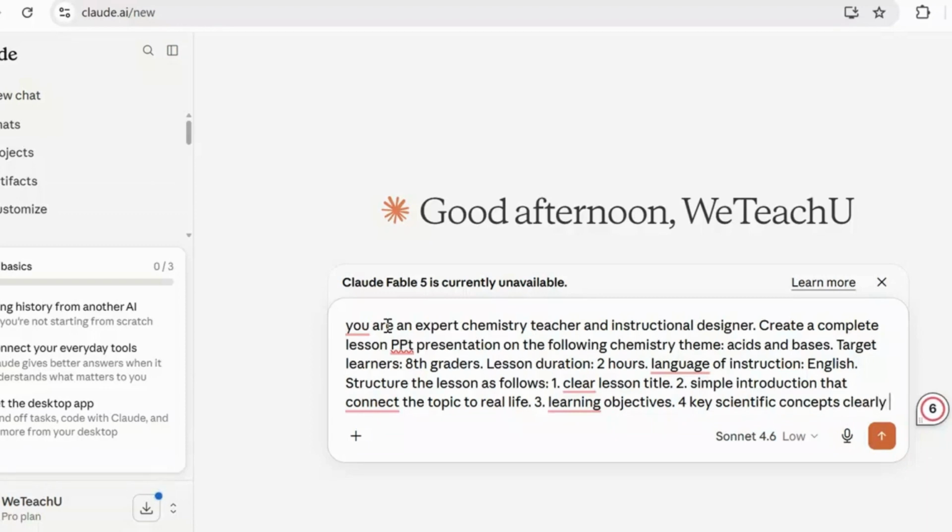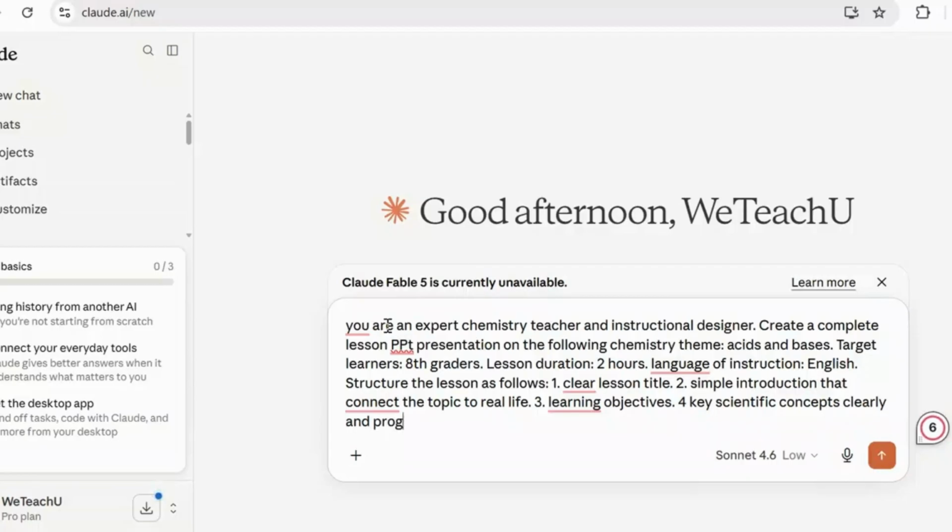So gradually and little by little, students will get to understand the scientific concepts behind the lesson. I need to make sure that students are given important definitions, especially if it's the first time this lesson is taught to them. And number 6, I need step-by-step. You see how many sub-prompts I'm including? So step-by-step explanations of these key concepts.